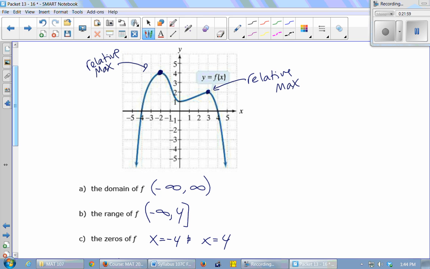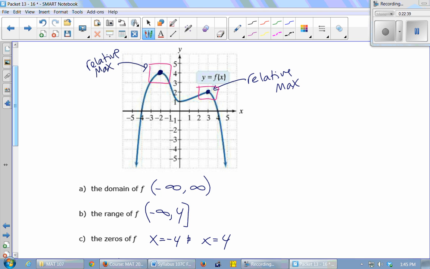But the reason we use relative or local, both of those words are used to describe this, is because if you look in its own little neighborhood, now it's the highest point in its neighborhood. Think of it like a mountain chain, right? Sometimes when you climb a mountain, you might summit 4 peaks in a day. One of them is the highest, but you've actually hit 4 different peaks. So this guy is also a peak. It's not the highest one, but it is a peak.